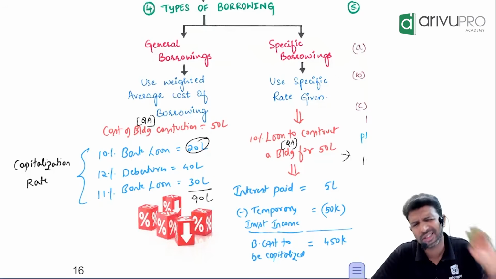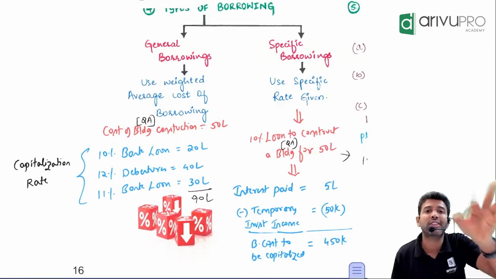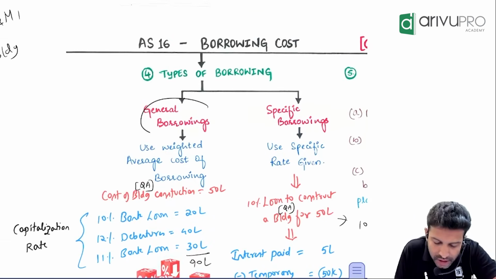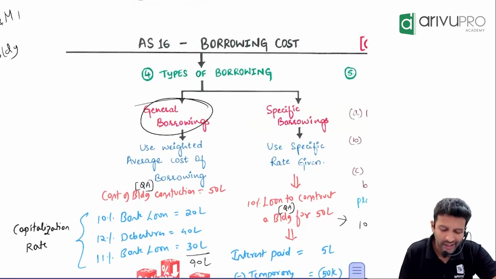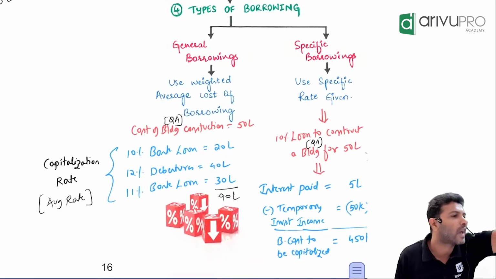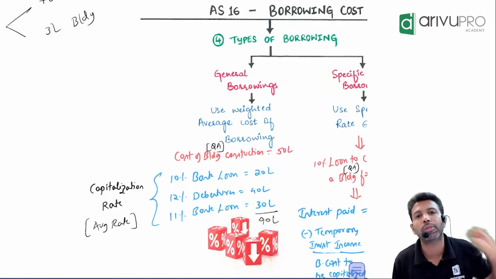What the standard says is, instead of worrying about the interest rate, you find something called the capitalization rate. Whenever you have general borrowing, you find the capitalization rate. It is simply your average rate. Find the average rate and use it only for the purpose of capitalization of borrowing cost.